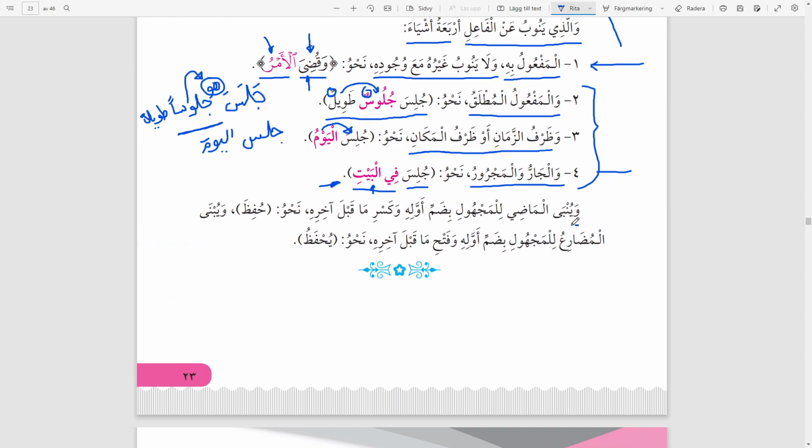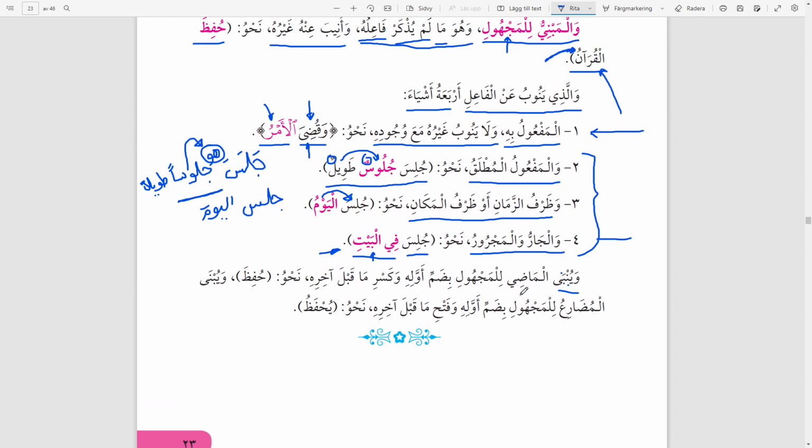ويبنى, this is a serious typo. ويبنى الماضي للمجهول. So how do you construct the المبني للمجهول for الماضي and المضارع?